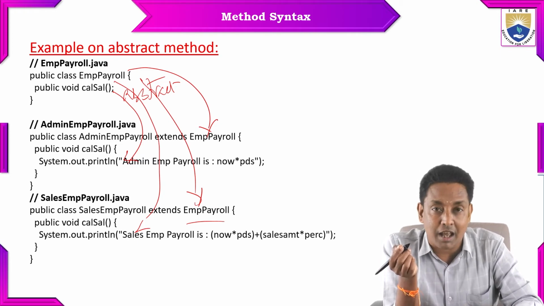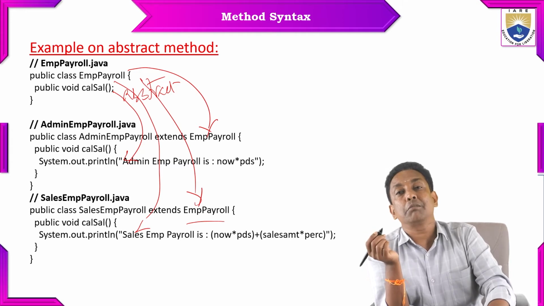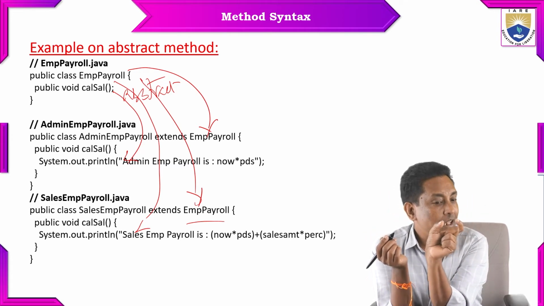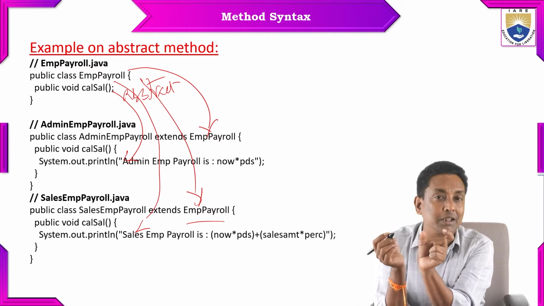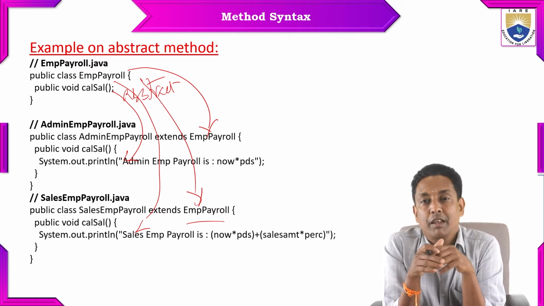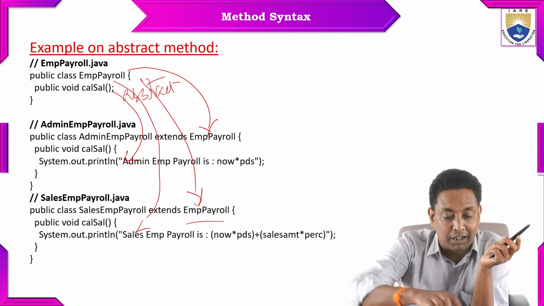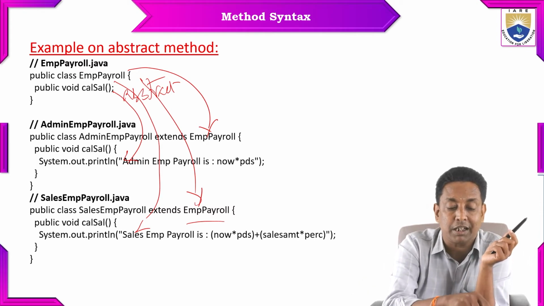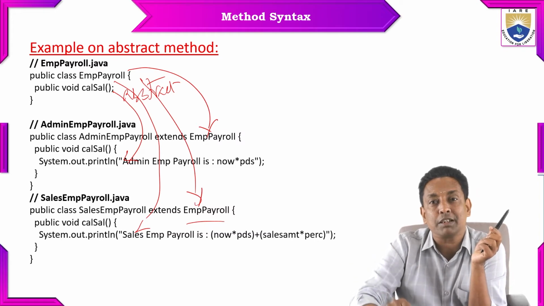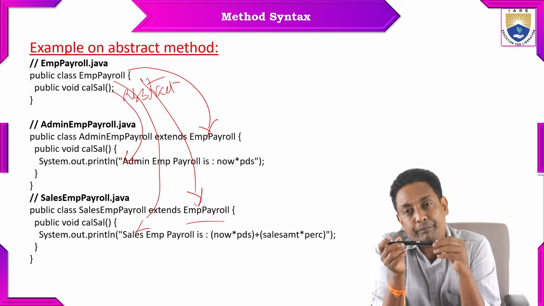There may not be any guarantee that all the child classes will implement the calculateSalary method with the same name, same case, same signature. Signature means parameters, same return type, and same access specifier. We cannot guarantee. We cannot keep all clients who are reading the subclasses, sales employee, admin employee, production employee classes. We cannot sync all the developers to write the same method with the same name, signature, and return types.